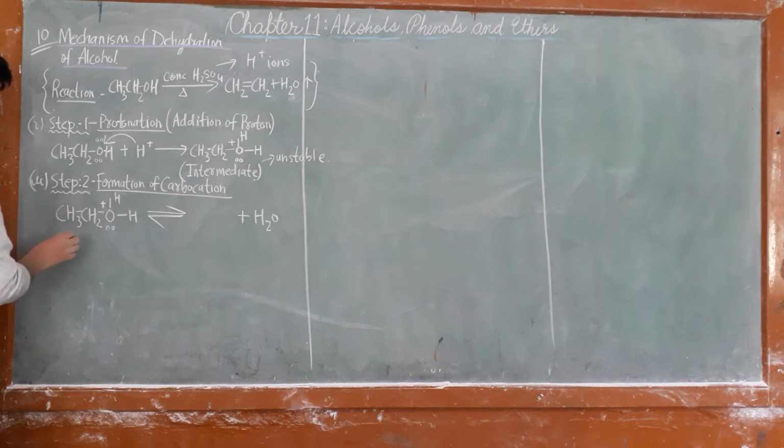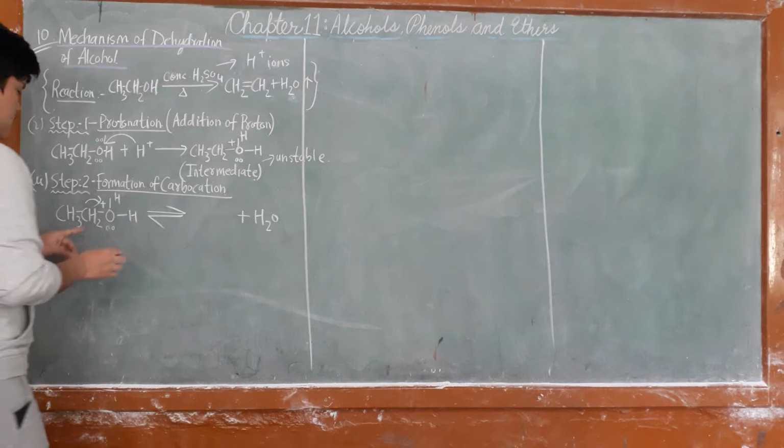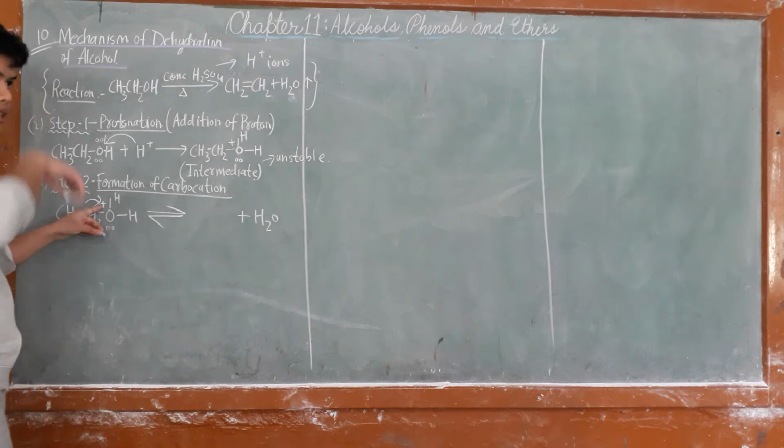To get rid of the positive charge, the carbon next to oxygen will act as an electron donor. It will donate one electron to oxygen in this manner, and this positive charge will be neutralized.